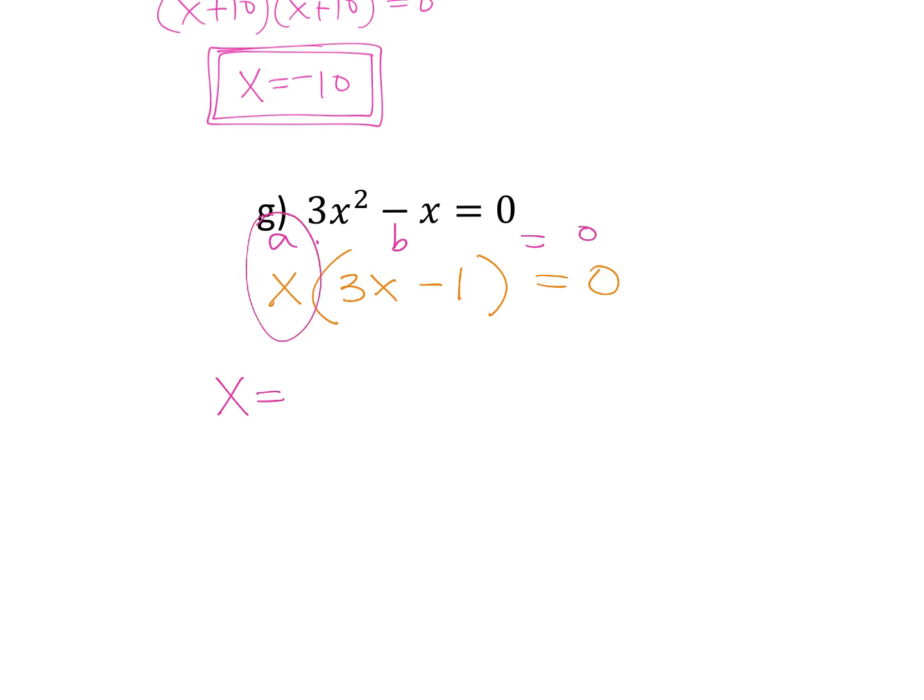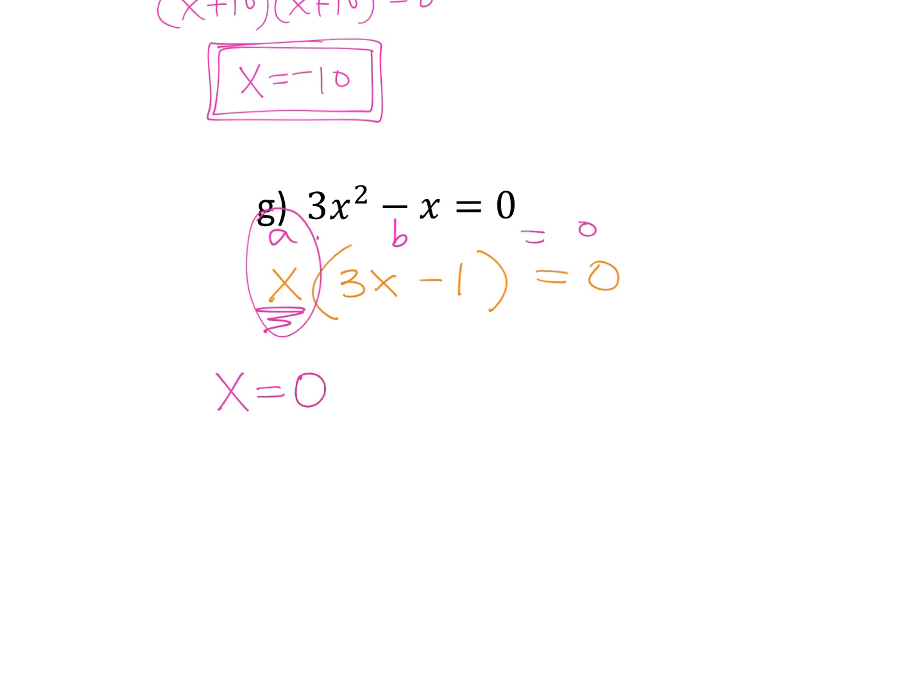If A has to be 0, x is what? 0, right? So if there's an x out in front, if you factor an x out or a 2x out or a 9x out or a negative 3x out, x is 0, right? So this is going to be x equals 0 for this guy right here.